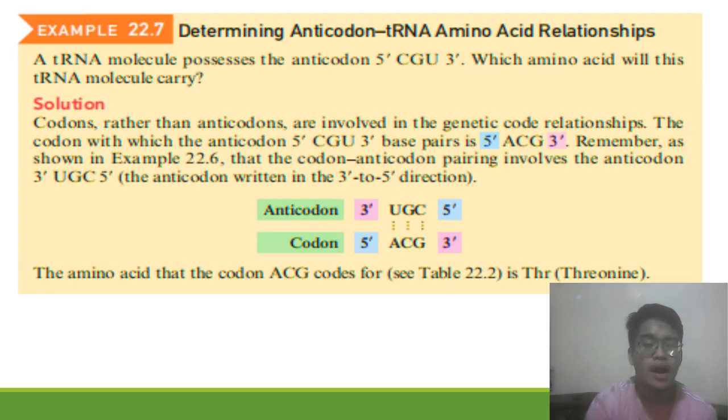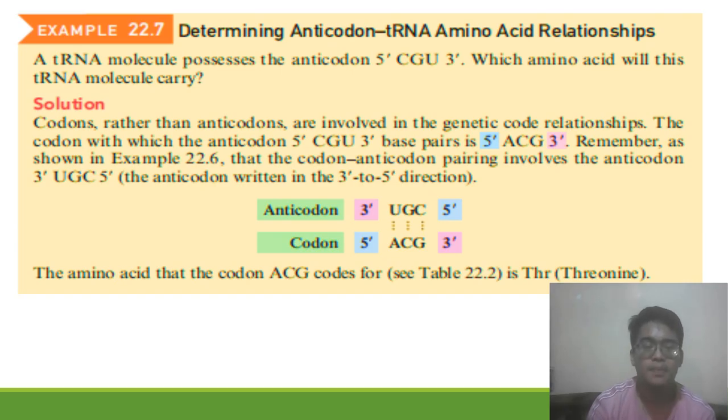So the codons, rather than anticodons, are involved in the genetic code relationship. Let's remember that. Again, the codon is the one involved in the genetic code relationship, not the anticodon. So the codon with which the anticodon 5' CGU 3' base pairs is 5' ACG 3'.